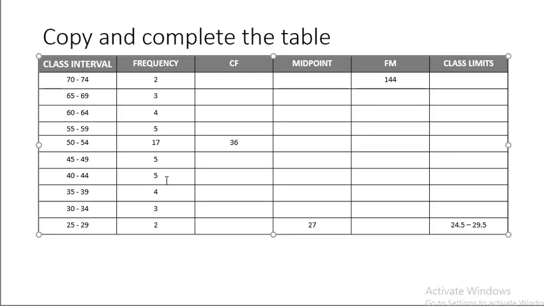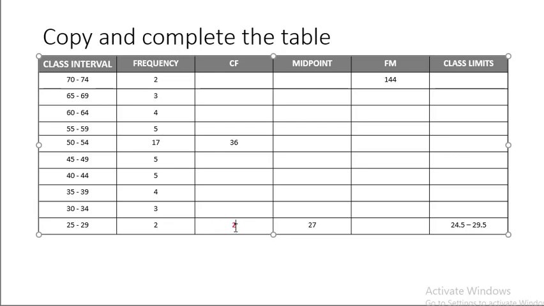So now let's find the cumulative frequency. Since it is the cumulative frequency, the first number will be the first frequency. The frequency of 25 to 29 is 2. So put 2 in it.